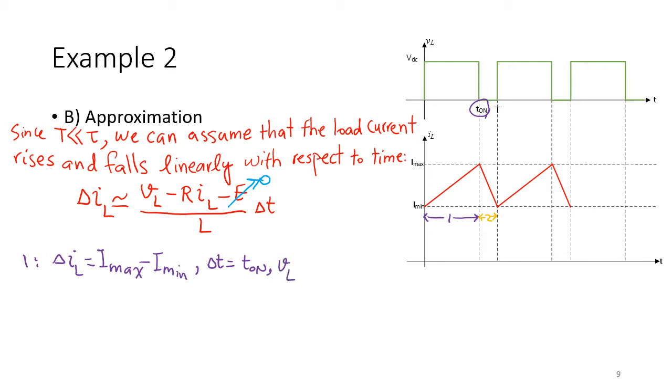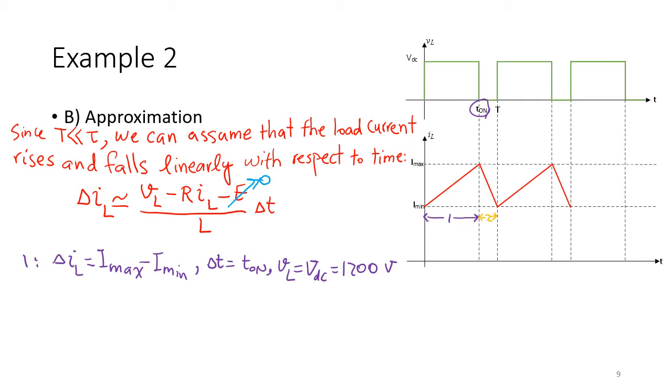What is VL in this interval? Exactly. It is equal to VDC, equal to 1200 volt.